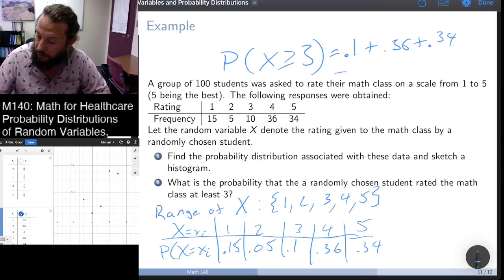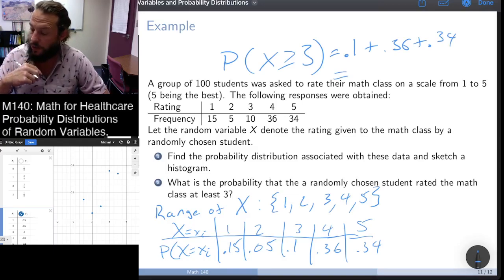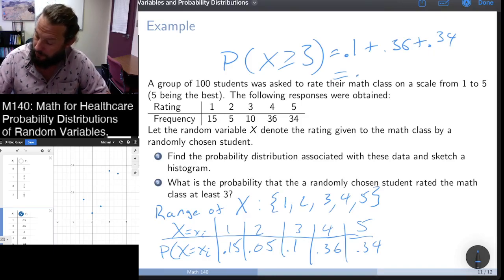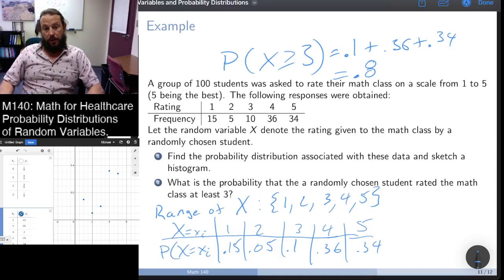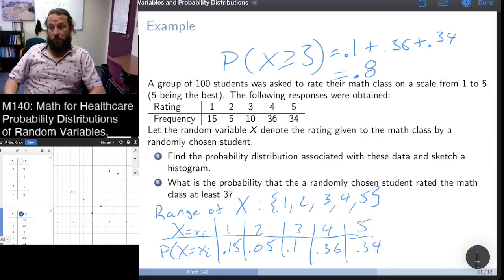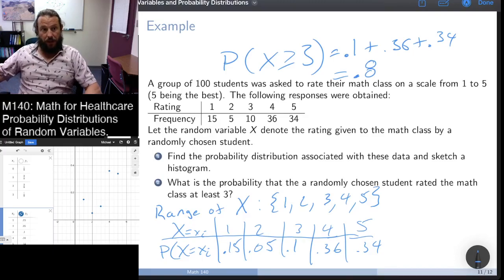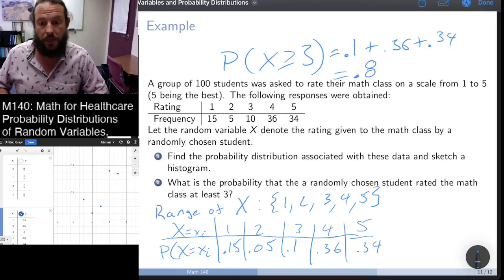Because of the shape of it, we're not going to be surprised here. We end up with 0.8, or an 80% chance of a 3 or greater. In other words, the area under that curve is 0.8 from 3 up. Good.